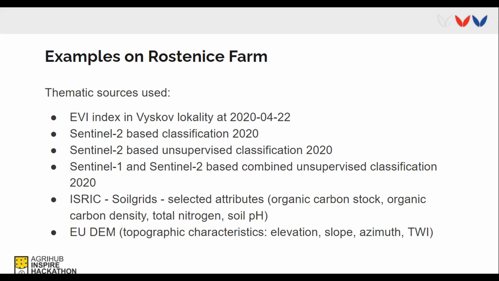Then also from thematic data that we accumulate to reference geometries, we have the SoilGrids dataset. It's published by the International Soil Reference and Information Centre, and we select some attributes from it which relate to soil quality. These are organic carbon stock, organic carbon density, total nitrogen, and the acidity of the soil.